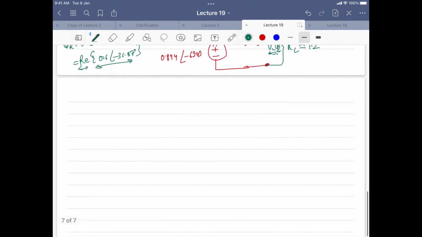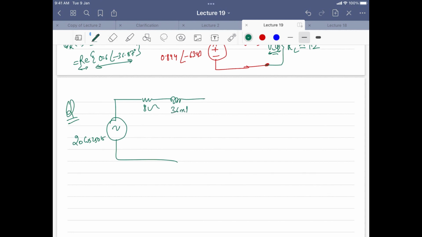Okay, so now let's move to another question. If you have something like this, let us say 20 cos 250t, you have 8 ohms, 36 millihenry this side, and then you have 0.25 millifarads, and this is VAT.